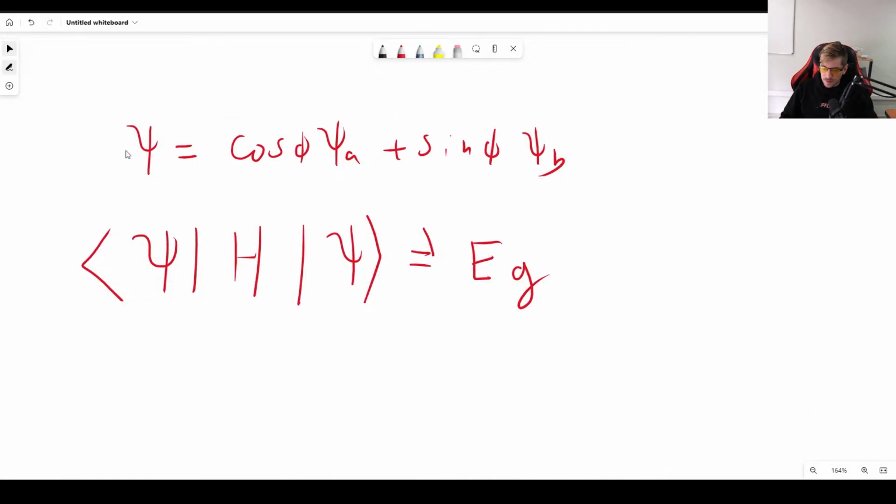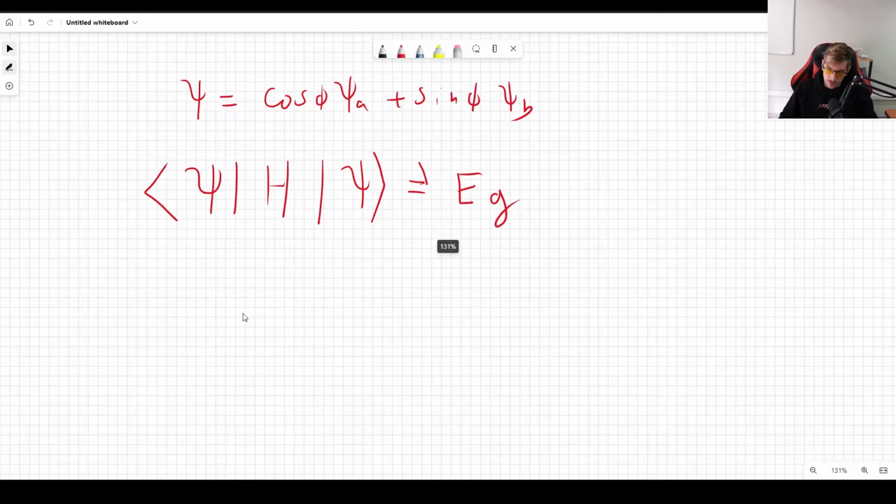If you take the integral of this, the inner product, you get 1 is equal to cosine squared phi plus sine squared phi, and the inner product is going to be 1 because psi A and psi B are normalized themselves. And phi here is simply a parameter. It doesn't have anything to do with the angle in spherical coordinates. It's simply a parameter. That's why you can take it out of the integral. And that's why this is 1. Otherwise, it wouldn't be 1.